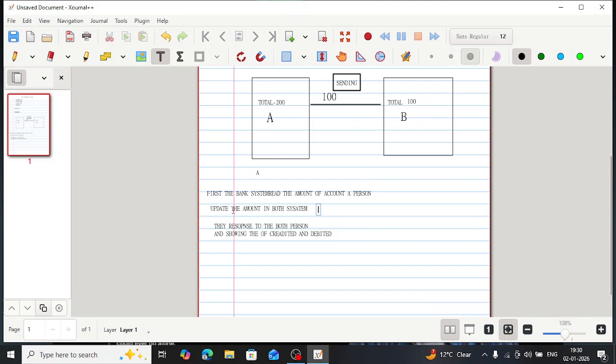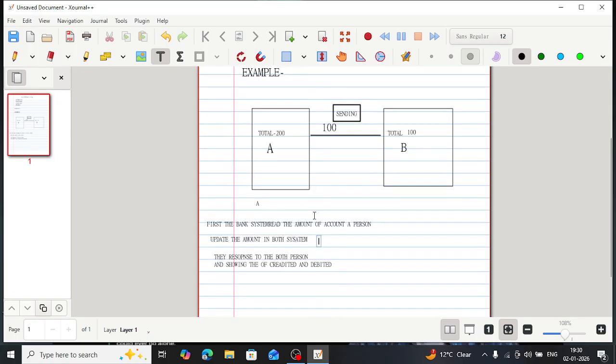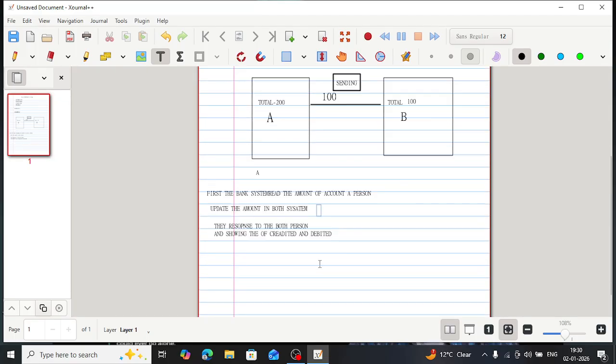Let's consider if in the second step an error occurs, then we show a message that the transaction has failed, because this is handled by atomicity. Atomicity gives the power of the rollback system.